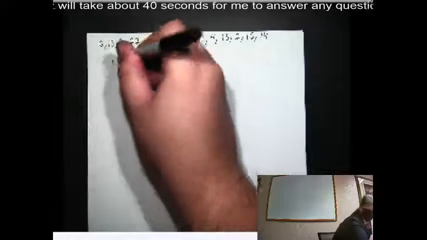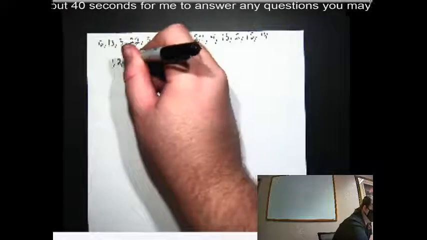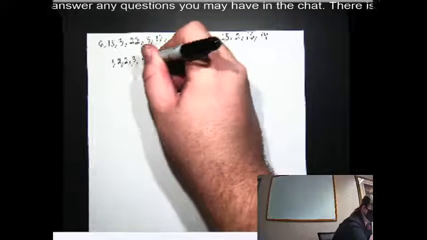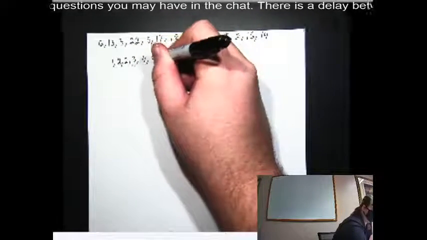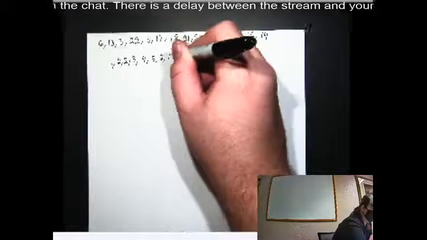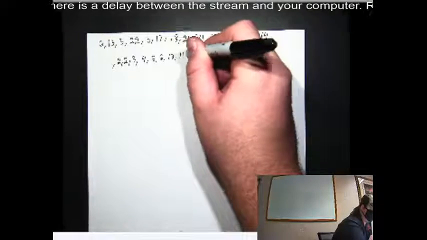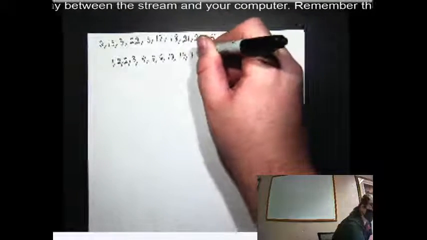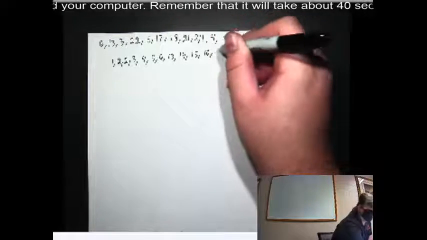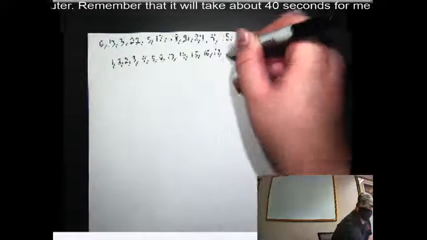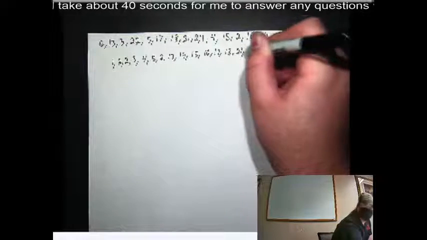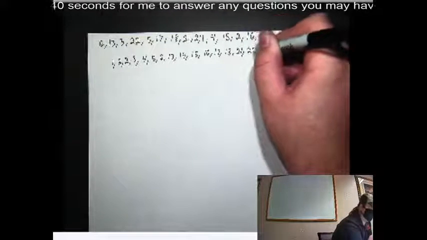We've got 1, 2, 2, 3, 4, 5, 6, 13, 14, 15, 16, 17, 18, 21, and 22.